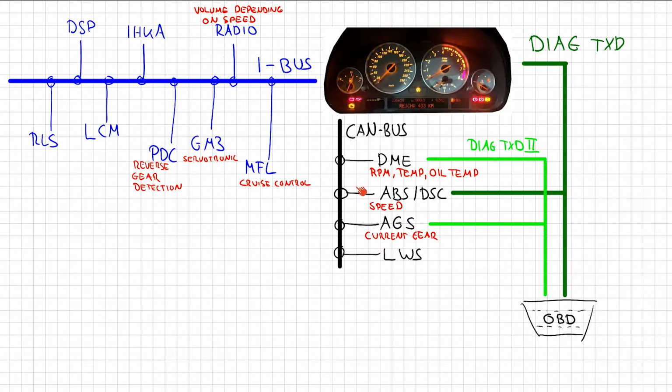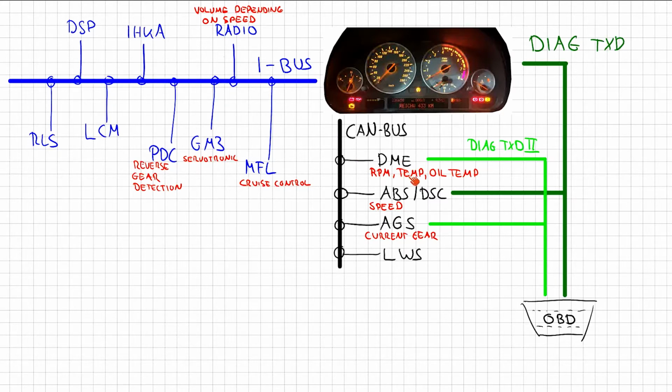In case one of these units fails, then you don't have information, for example, about the speed if only the ABS DSC unit fails. But the problem gets even worse in case the CAN bus is blocked. Then none of these ECUs can give information to the cluster. Well, now you know my video from the cluster failing, and this is typical if the CAN bus fails.